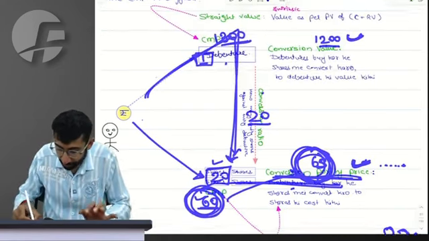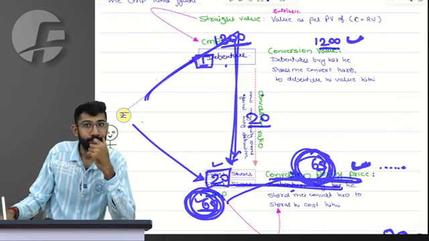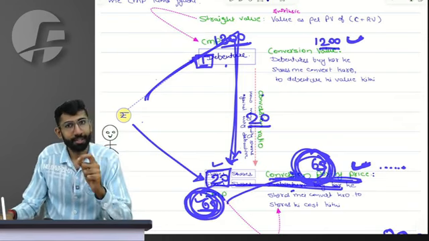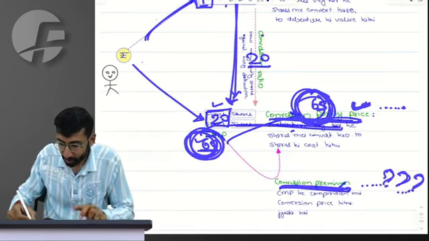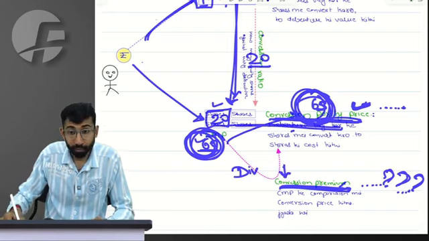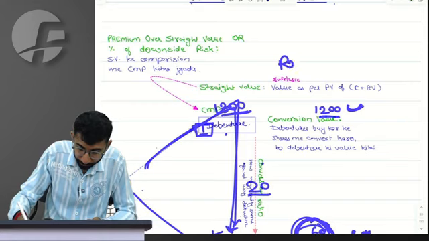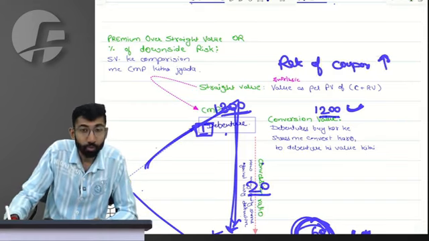But the question is, why would someone do so? If the share is directly available in the market, why would someone end up paying an extra price for this? The logic, everyone in the class, again is quite simple. Sir, obviously, because the rate of dividend is generally lower and the rate of coupon is generally more.